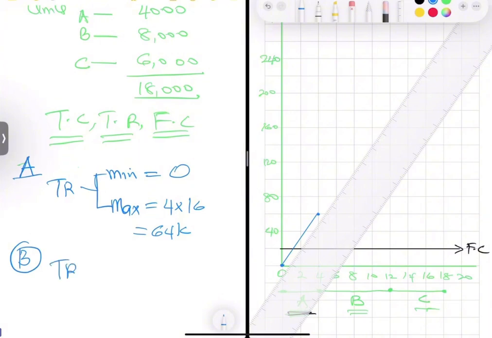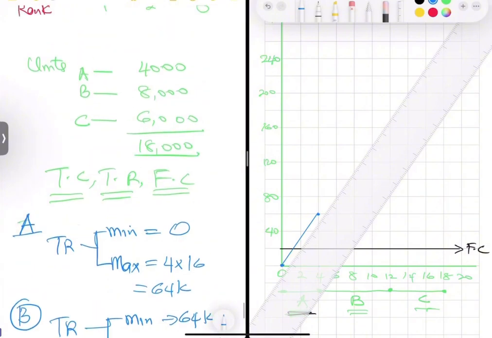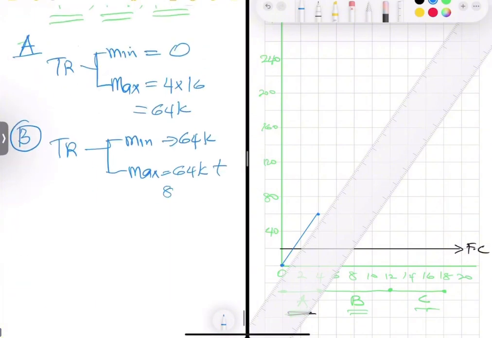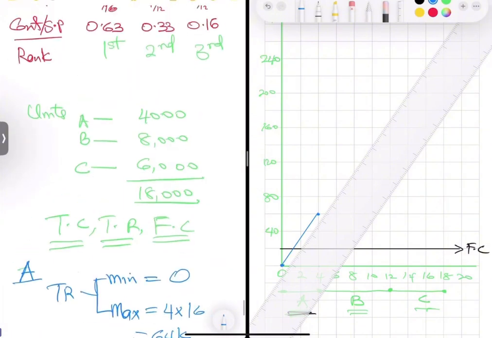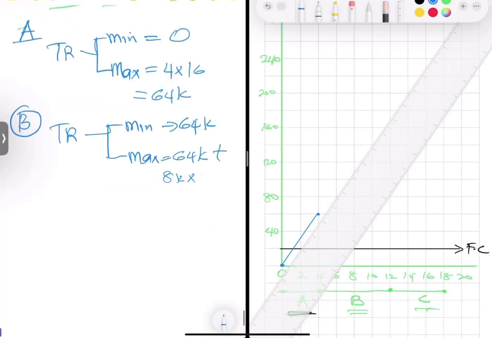For B, by the time we are selling B, what will be our minimum revenue? By the time we decide to sell B? 64. Exactly. Because we must have sold 64 worth of A before we can go to B. So then the maximum will be that 64 that we have already sold plus the total units of B that we plan to sell, and that's 8,000 units, multiplied by the price of B, which is $12.